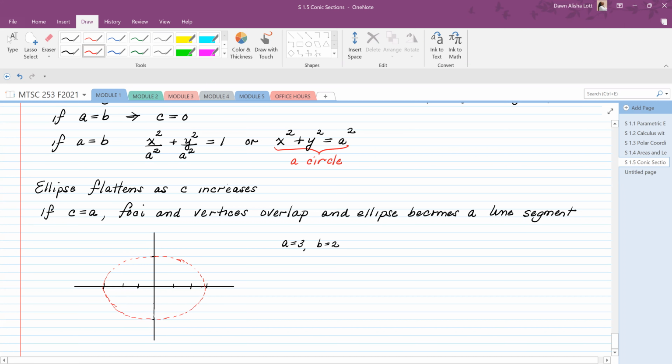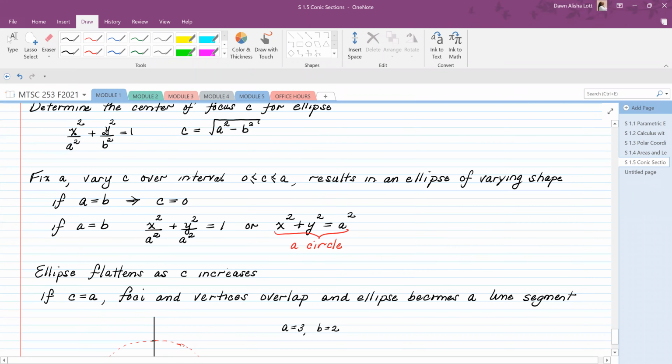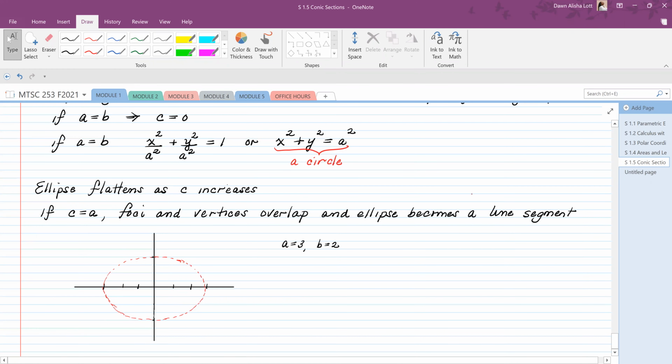Okay, so now in our case, c is going to be the square root of a squared minus b squared. So c is the square root of 9 minus 4, which is the square root of 5. Somewhere around 2.3, I think. So c is somewhere here.